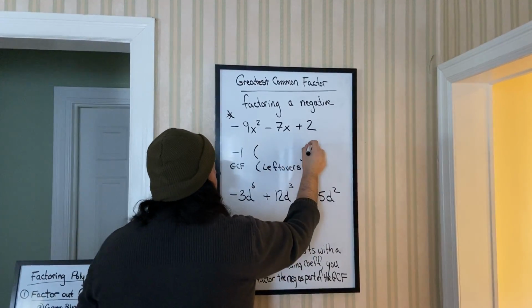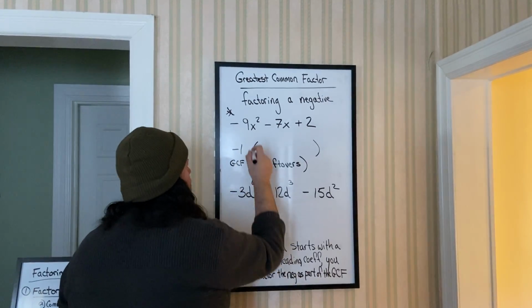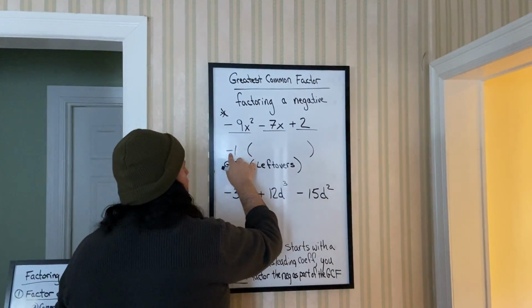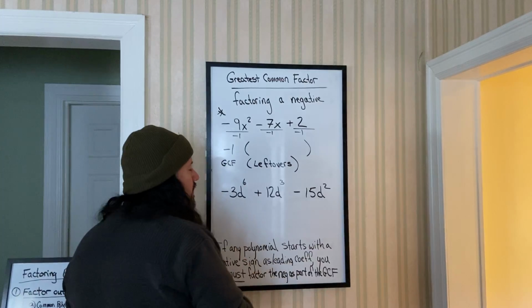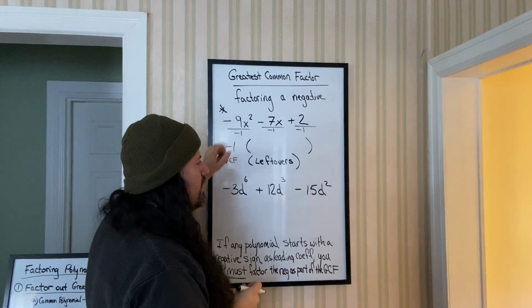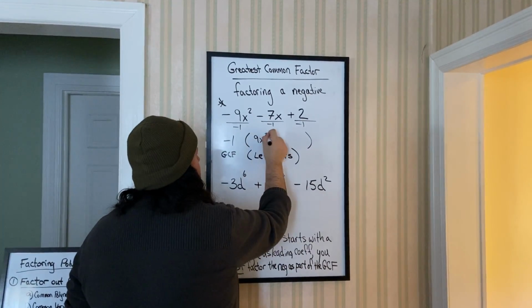So for us, to get our leftovers, remember, just like we did for the other types, divide each and every single term by the negative 1. When you divide each term by negative 1, negative 9 divided by negative 1, you're going to get a positive 9x squared.